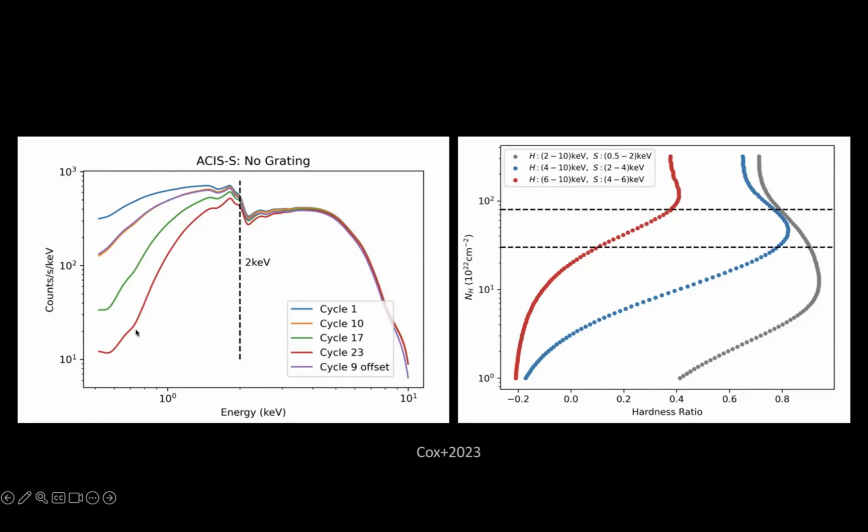So our hardness ratio bands are all above 2 keV. As you can see here, the area barely changes above 2 keV despite this strong degradation below. That's why we chose not to use the classic hardness ratio, which is 0.5 to 2 and then 2 to 7, and we're using essentially hard band hardness ratios.